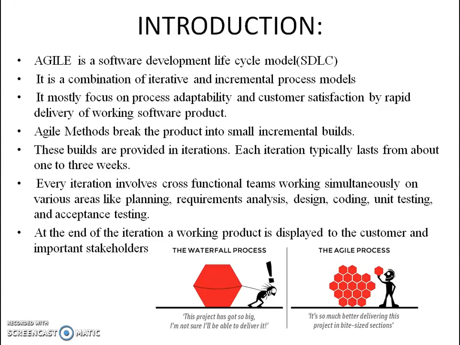So here it involves planning, requirement analysis, design, testing, coding and acceptance testing. At the end of the development of a software, the work product is displayed to the consumer or the customer and important stakeholders. As you can see in the picture, for waterfall model, you take all the requirements at a time and then start developing the product.